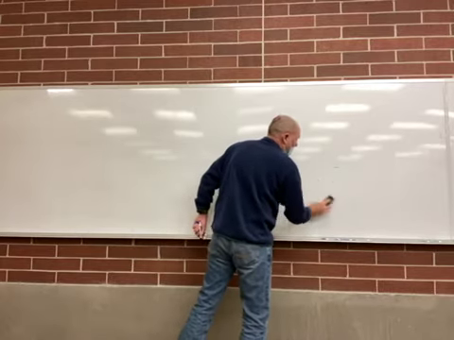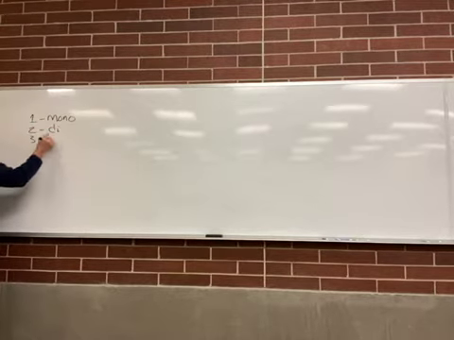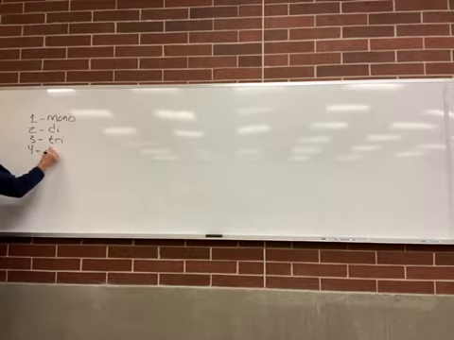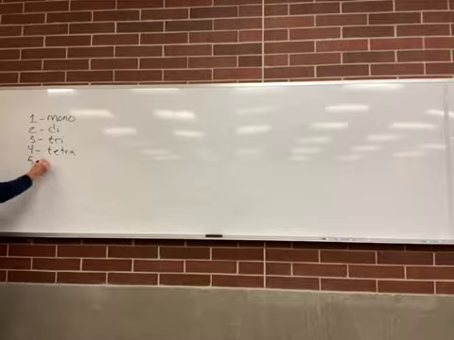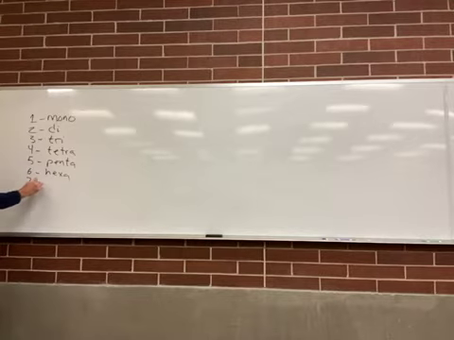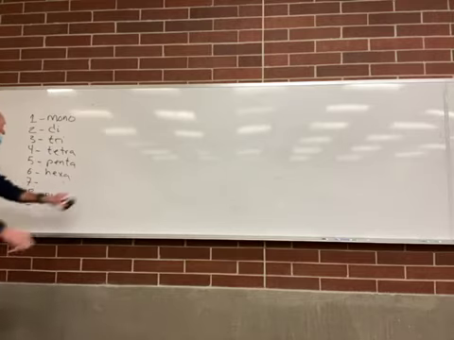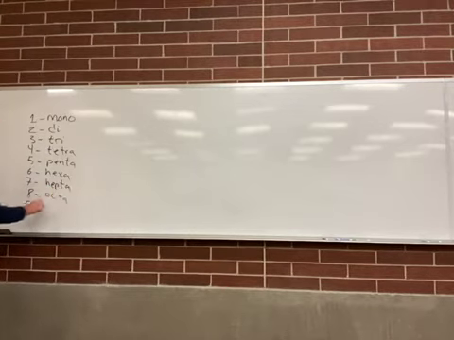Most of them are fairly straightforward. 1 is mono, 2 is di, 3 is tri, 4 is tetra, 5 is penta, 6 is hexa, 7 is hepta, 8 is octa, 9 is nona, 10 is deca. How cool is that?